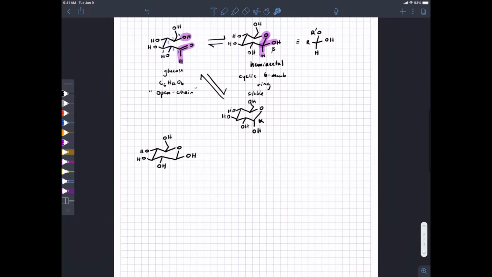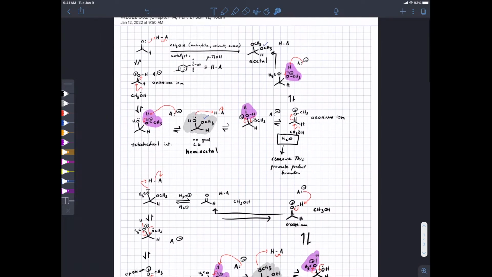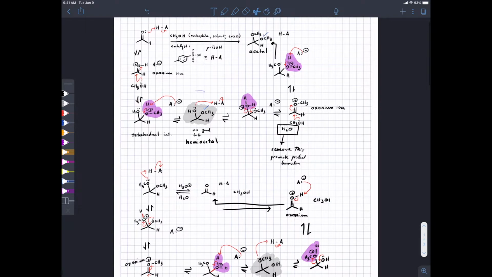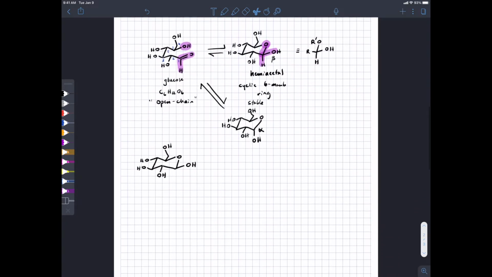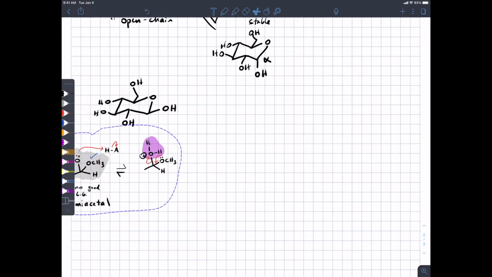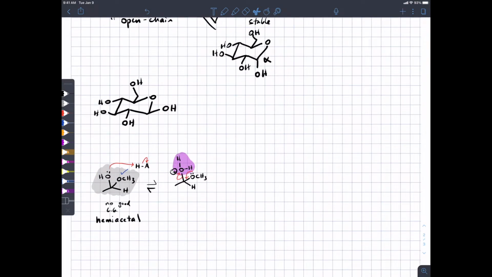Remember that when we were forming acetals and we got to the hemiacetal stage, we needed to turn the OH group into a good leaving group so that it could leave and generate an oxonium ion. So the first step is to use some acid catalyst, perhaps an acid that you add, perhaps an enzyme to protonate the OH group.